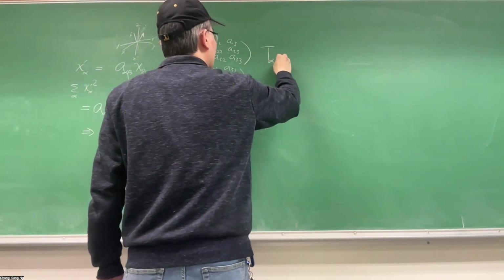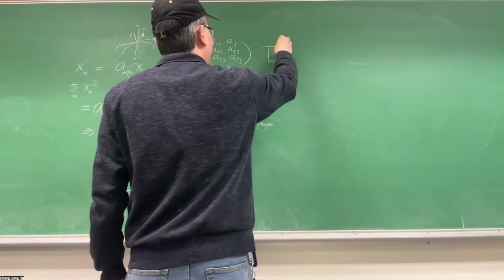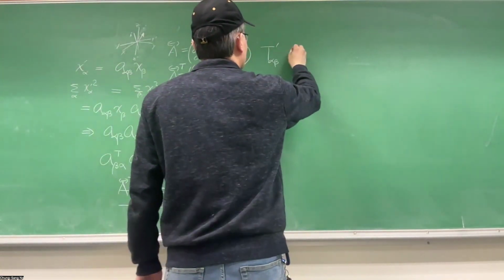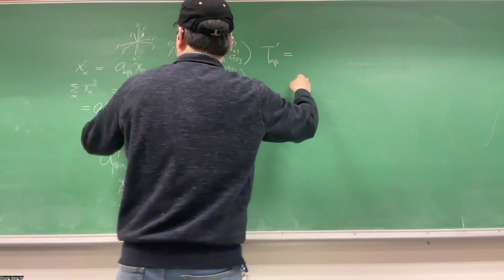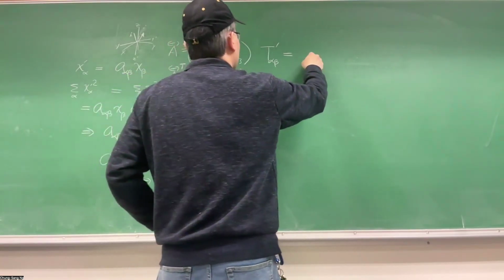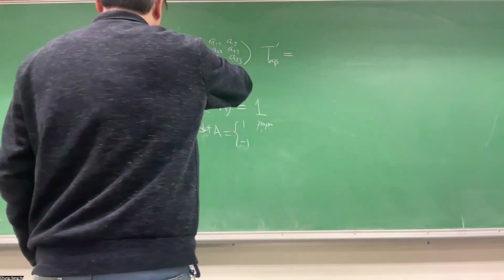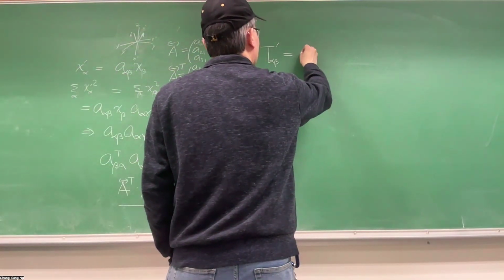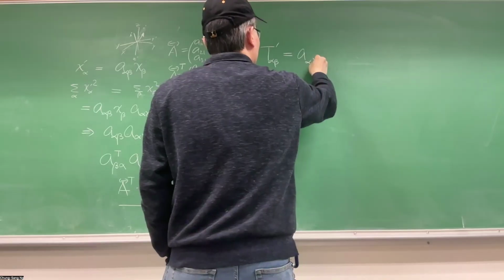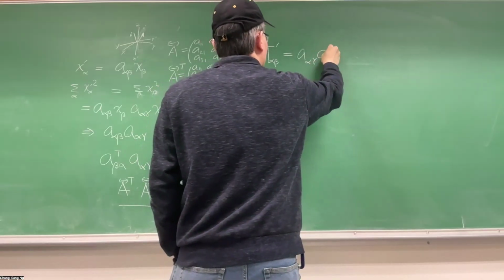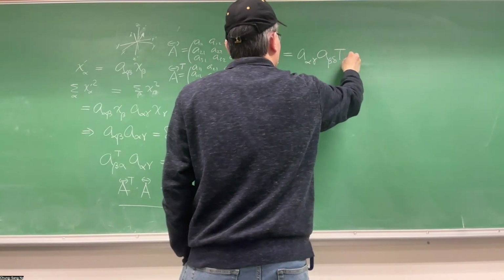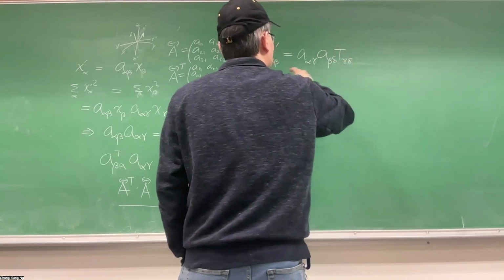Say if you have a tensor, whatever, tensor alpha, beta, after you do the transformation from the original coordinate, A alpha gamma, A beta delta, B gamma delta.